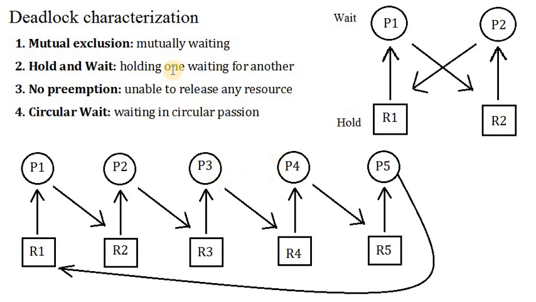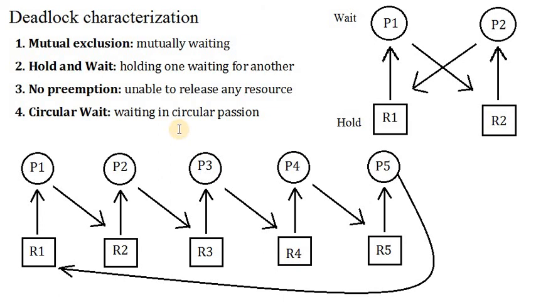So these four are very important for any deadlock characterization. Deadlock characterization is also called the necessary conditions of deadlock. Whenever you observe these four conditions, mutual exclusion, hold and wait, no preemption and circular wait, in any network like these, you can say deadlock has occurred in the system.